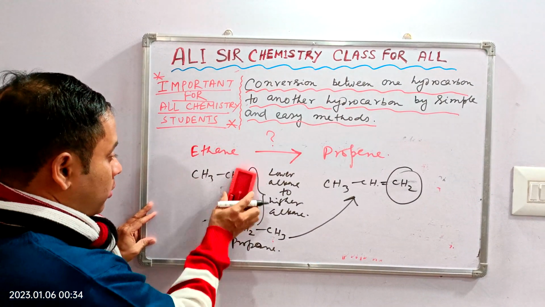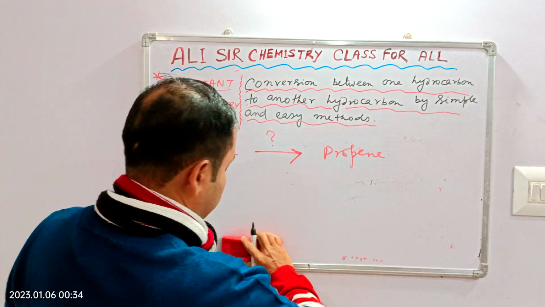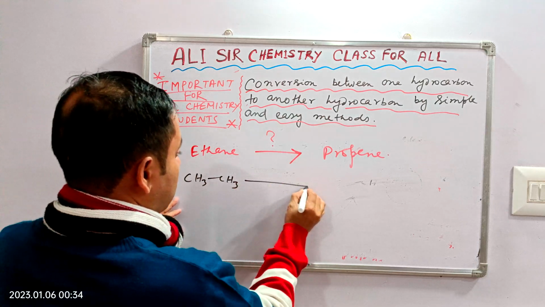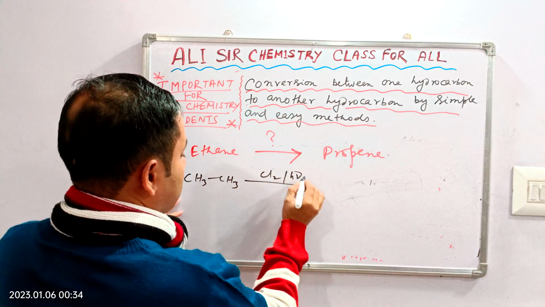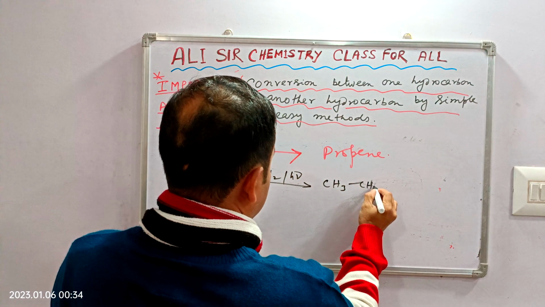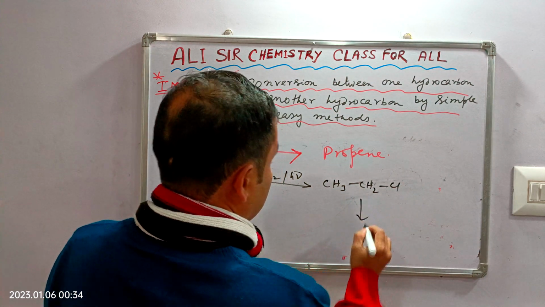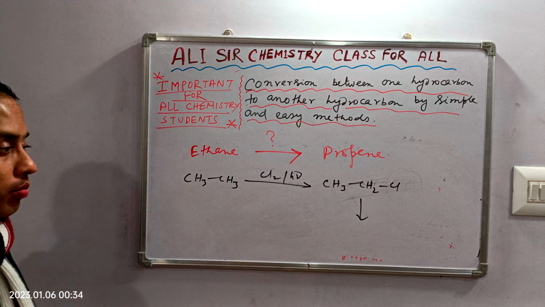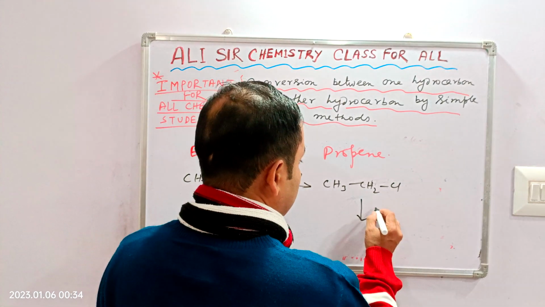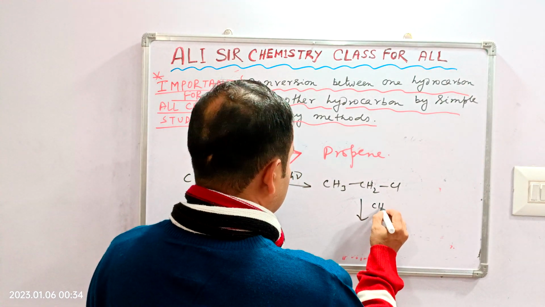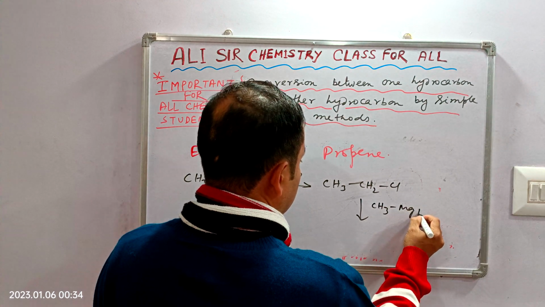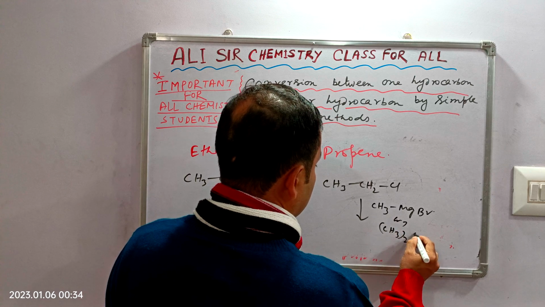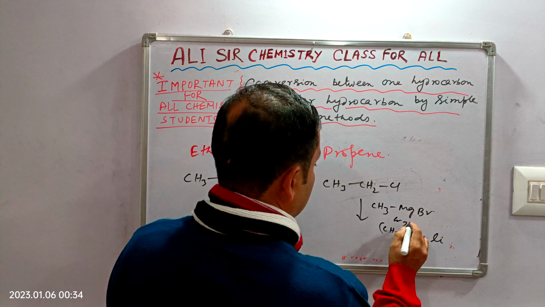Now I am showing you ethane, CH3. Let's do halogenation, chlorine, HNu, CH3 CH2 Cl. Okay, CH3 CH2 Cl. What do we use here? We may use Corey-House reagent or Grignard reagent. You can use CH3 Mg Br or (CH3) whole twice Cu Li.